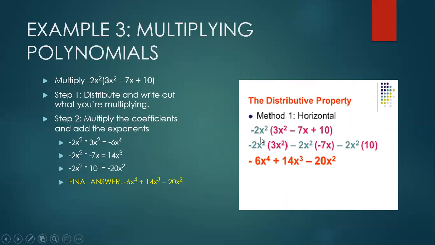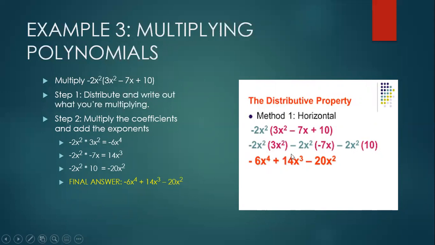So negative 2x squared times 3x squared minus 7x plus 10. Let's look at this situation. I have negative 2x squared times 3x squared. What's negative 2 times positive 3? Negative 6. I have 2 x's and 2 more x's. How many x's do I have total? 4 x's.